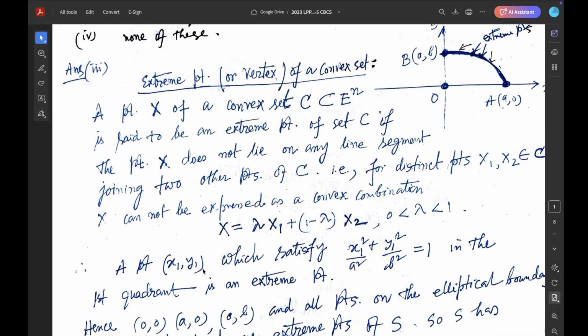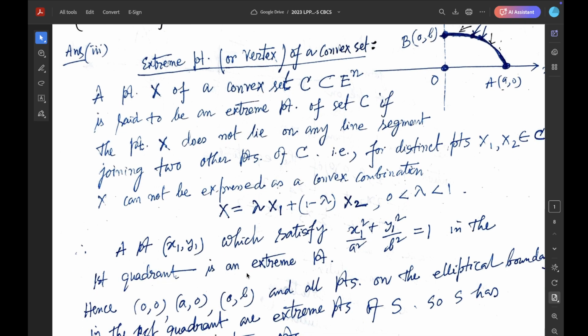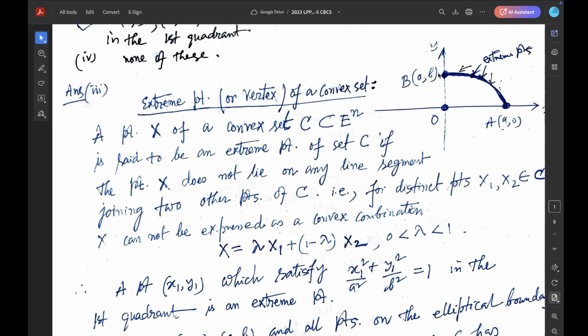Now a point (x1, y1) which satisfies x1 squared by a squared plus y1 squared by b squared equal to 1 in the first quadrant is an extreme point. So obviously on the first quadrant, this thick boundary on the ellipse, all points on this elliptical curve are extreme points also.